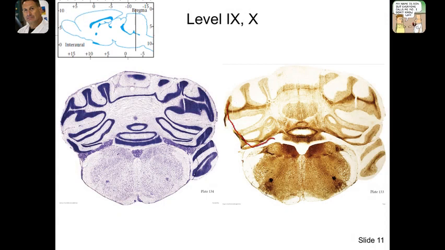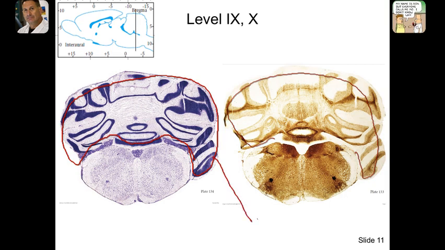We can see the cerebellum. We have our fourth ventricle.